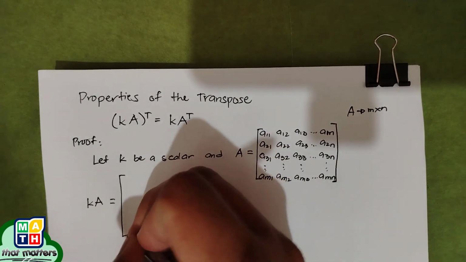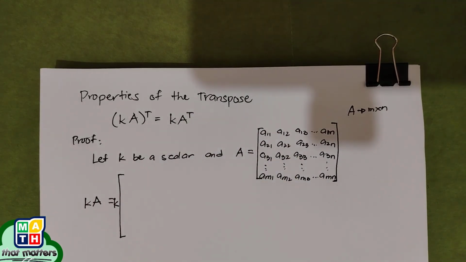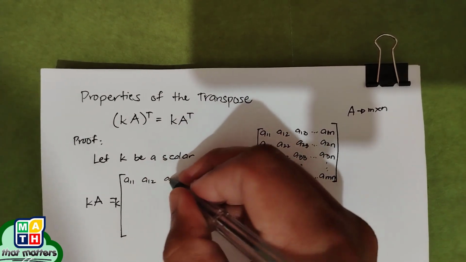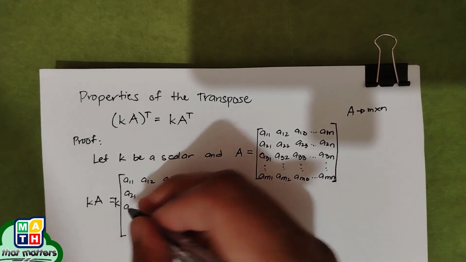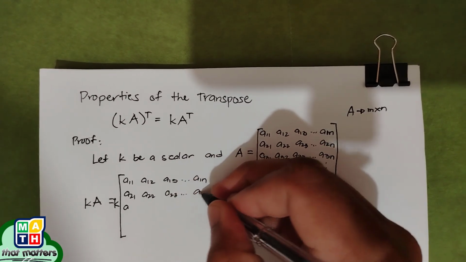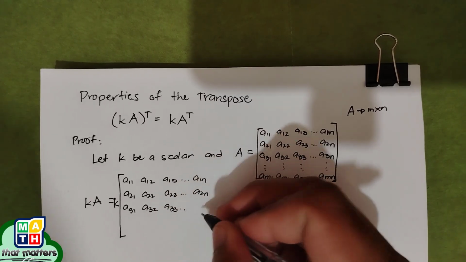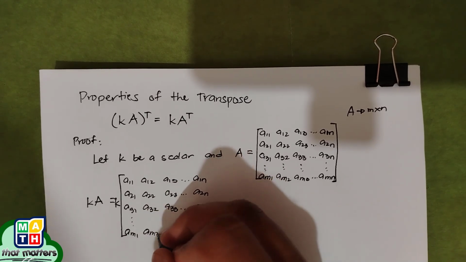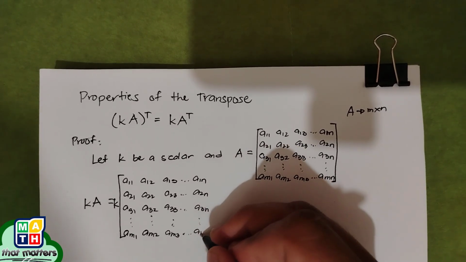So you have k, the scalar, and then your entries A11, A12, A13 dot dot dot A1n, A21, A22, A23, A2n, A31, A32, A33 to A3n, and then your last row, Am1, Am2, Am3, dot dot dot Amn.